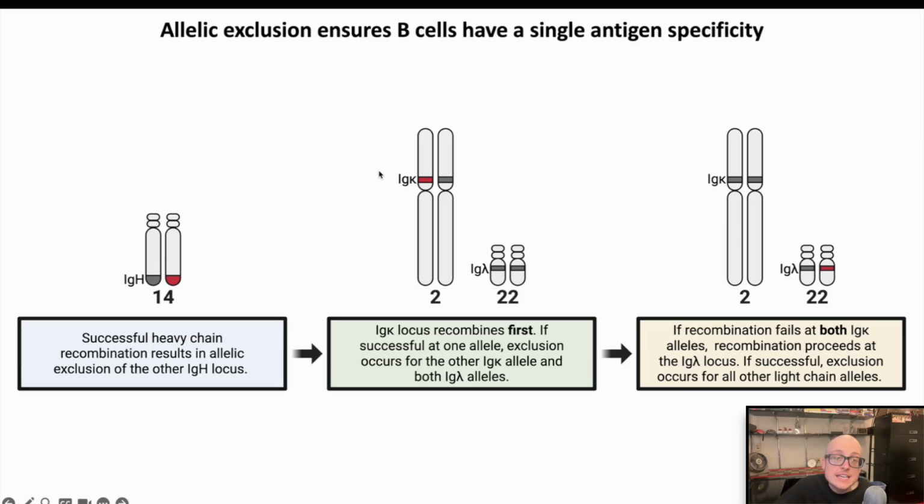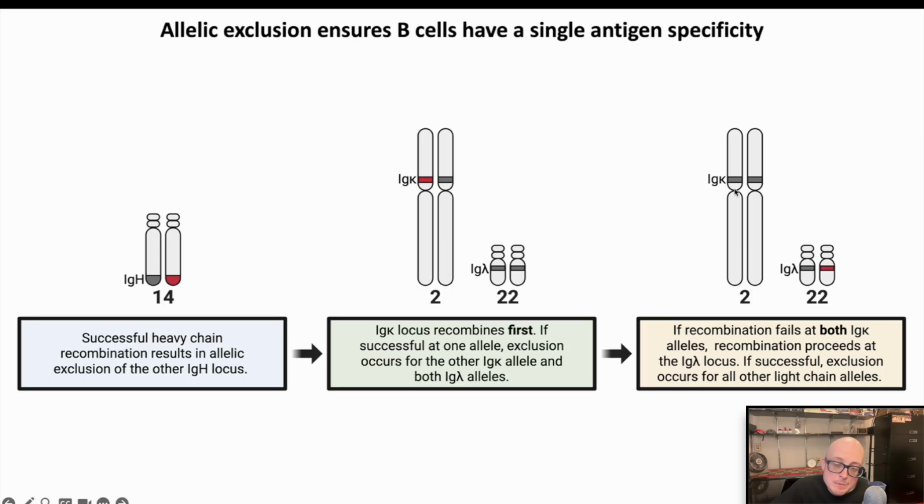So if a kappa light chain successfully recombines on one chromosome, then the other kappa locus will be suppressed, and both lambda loci will be suppressed, because we only want one light chain, and it's only going to come from one, in this example, one kappa locus.